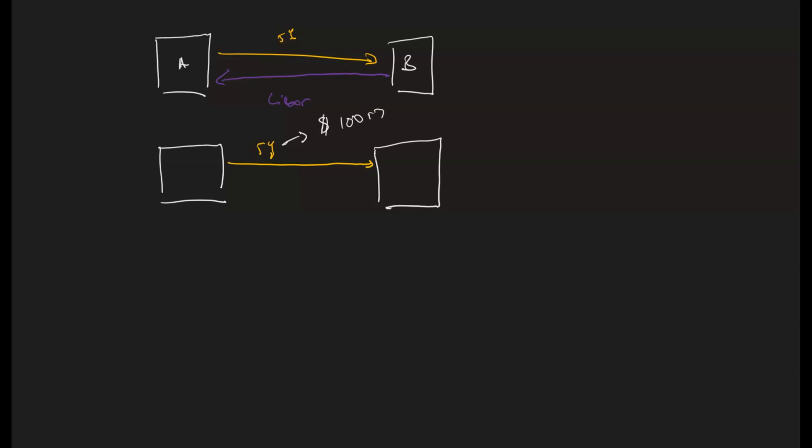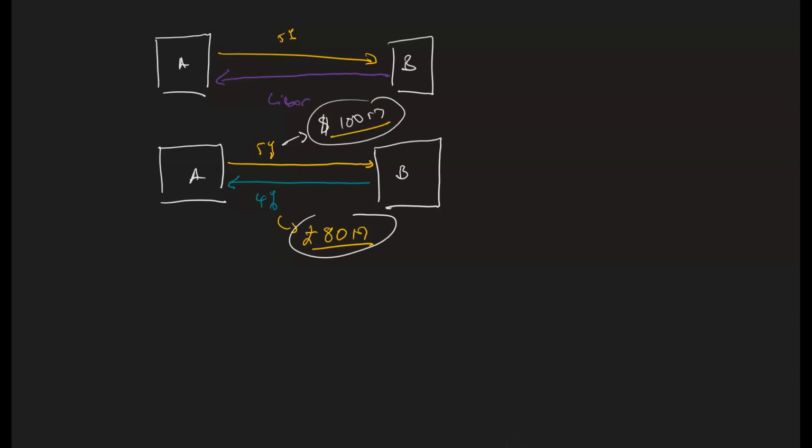And in exchange for that, we're going to be receiving another fixed rate, let's say 4% this time, on a notional amount that is in a different currency, let's say in Japanese yen, and it's going to be maybe for 80 million Japanese yen.